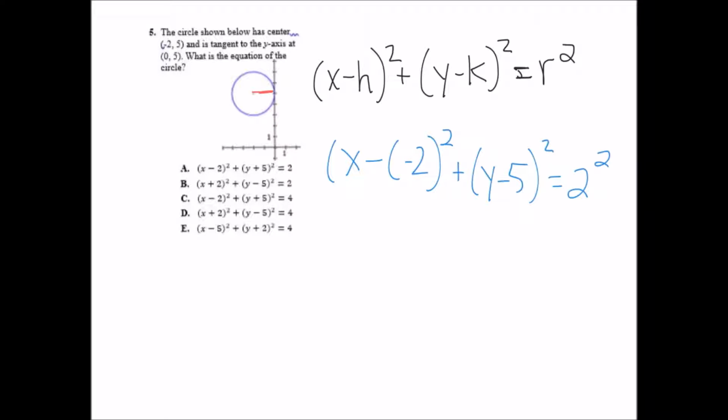Now you're going to want to simplify this minus a -2 to become x plus 2 squared plus y minus 5 squared equals 4. And the correct answer is D.